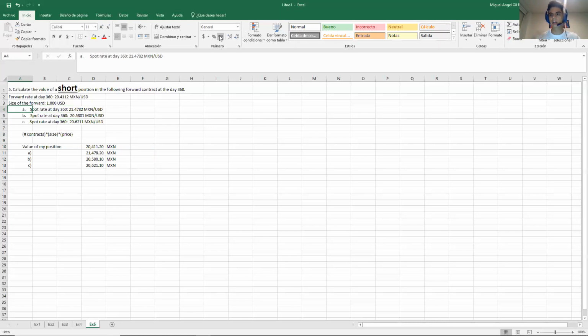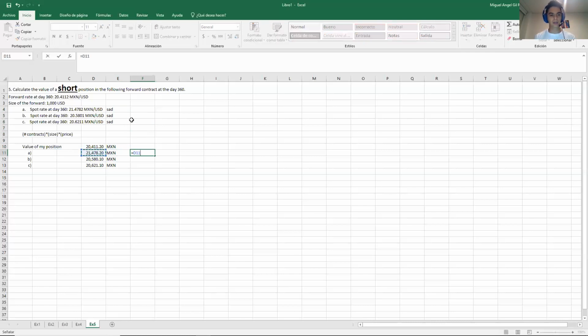The short position means that I signed to sell the dollar at this price, at 20.41. So if the market gets more expensive, I will be sad because I am already forced to sell it at 20.41. So in letter A, I am sad, right? Because the market is more expensive, but I already signed to sell it at 20 pesos. In letter B is the same, sad, and in letter C, again, sad. So that's quite sad for all of the questions.